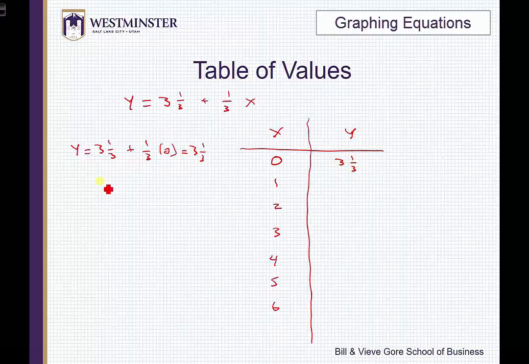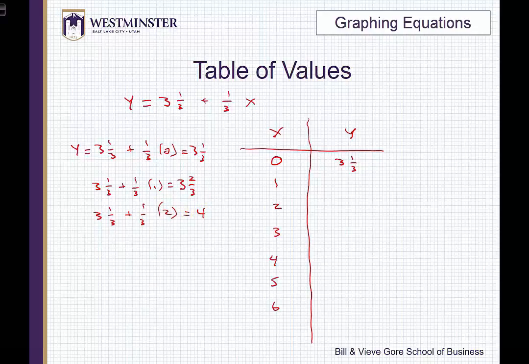And if I then go ahead and say 3 1/3 plus 1/3 times 1, then it equals 3 2/3. Or if I say 3 1/3 plus 1/3 times 2, then I have 4.